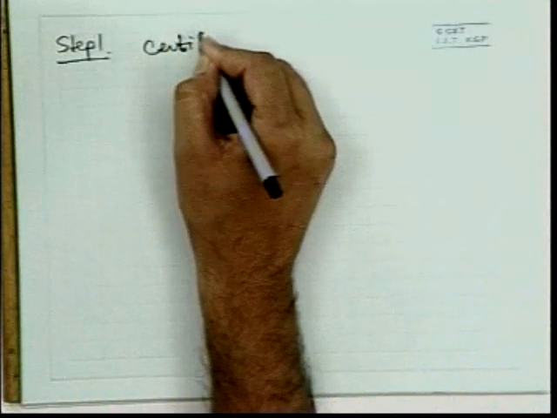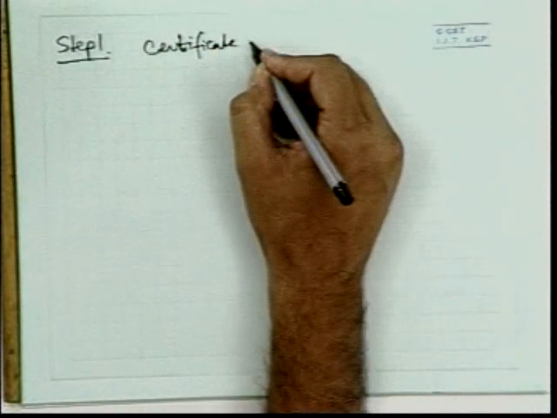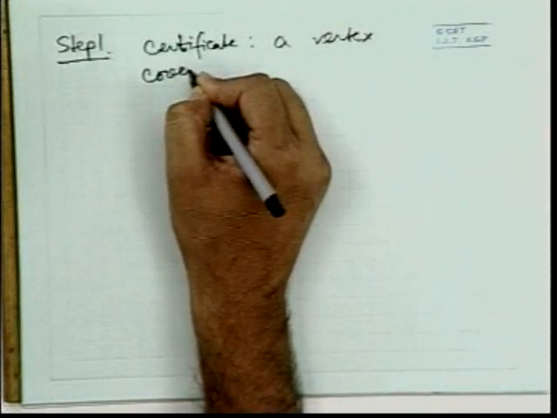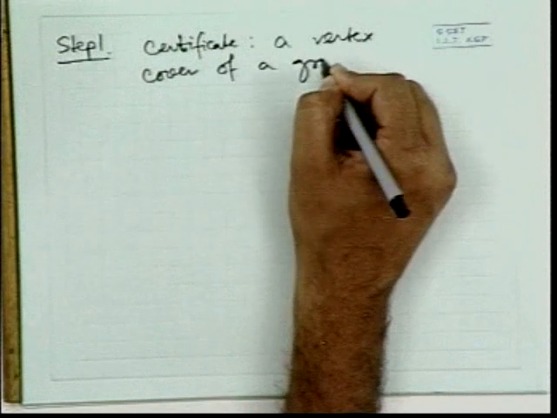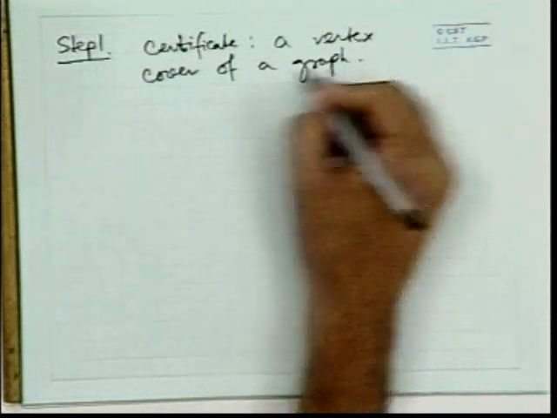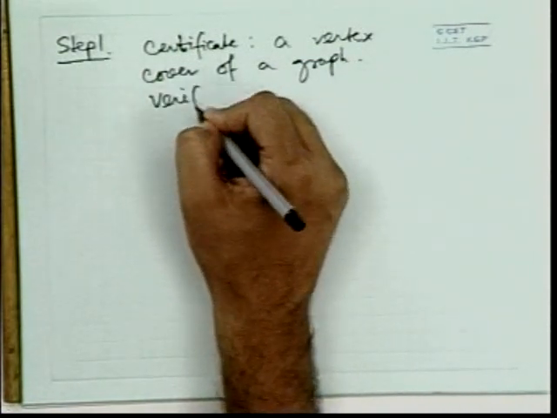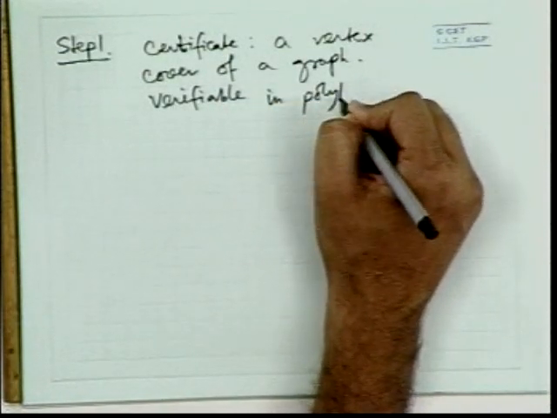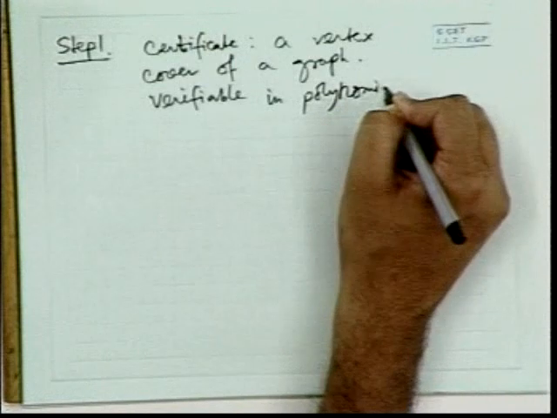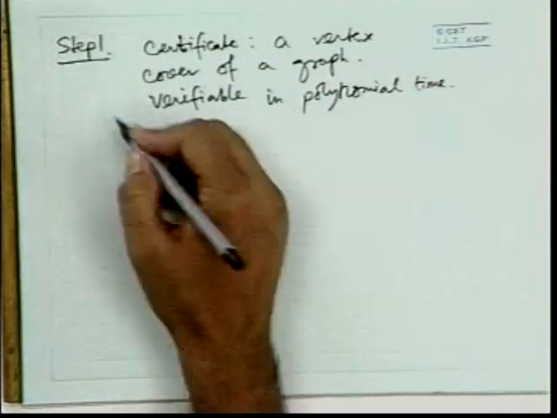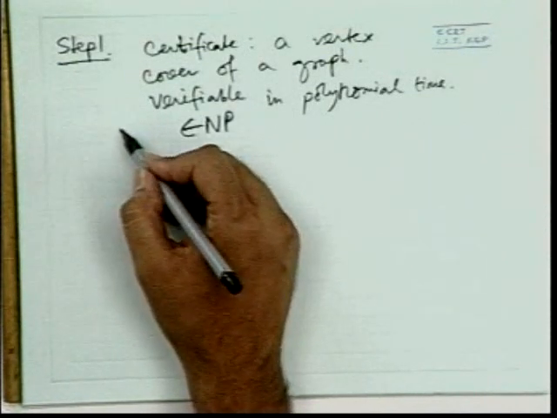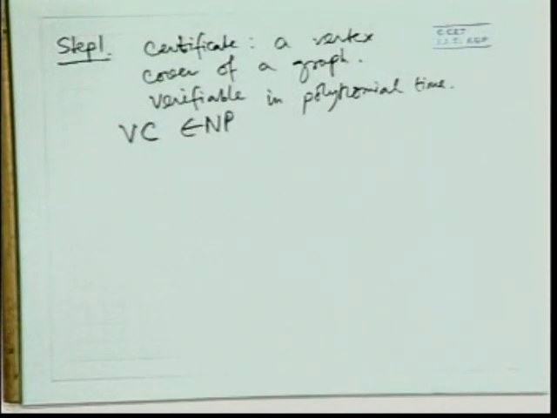So certificate again is a vertex cover of a graph which can be verified in polynomial time. And how? I just told you. So the vertex cover problem VC is in NP.